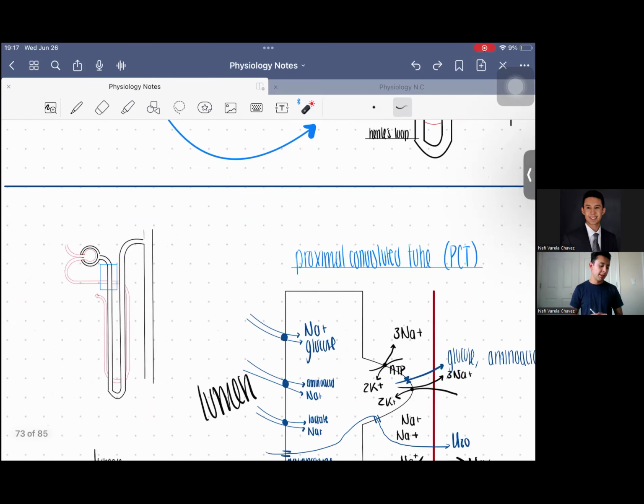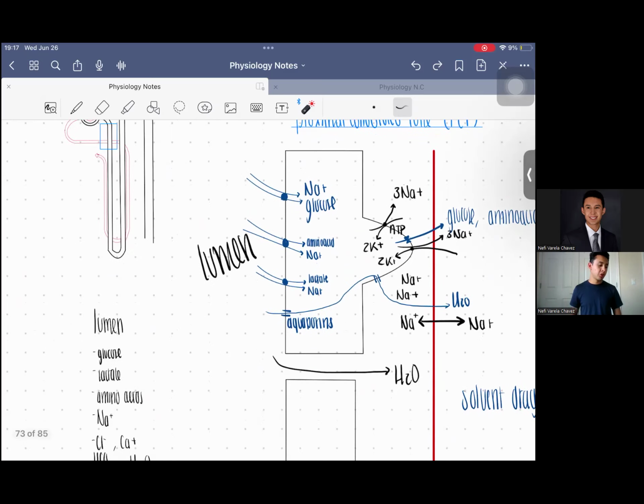The first one is going to be the PCT, or proximal convoluted tube. Okay, in the proximal convoluted tube, we're going to have the greatest flow of glucose, amino acids, and lactate. So we're going to have these protein channels that are going to help us transport sodium and glucose from the lumen to the tubule.